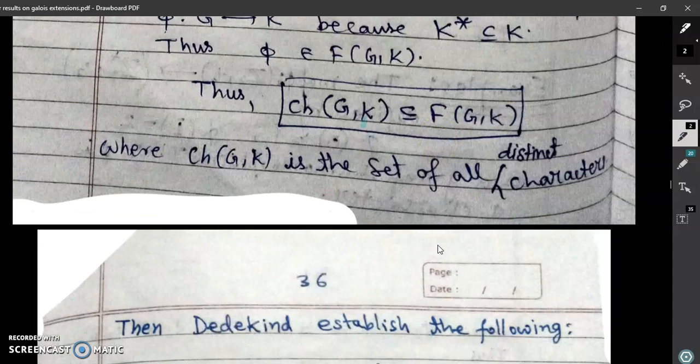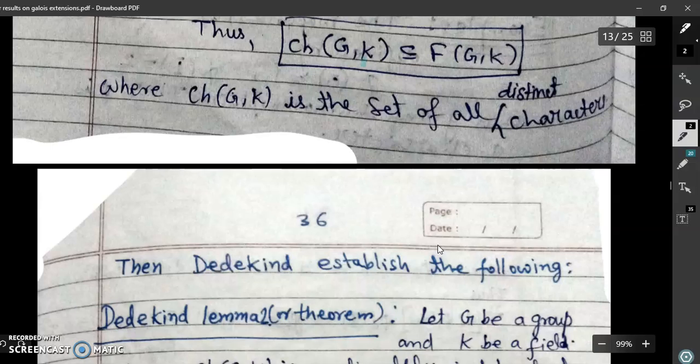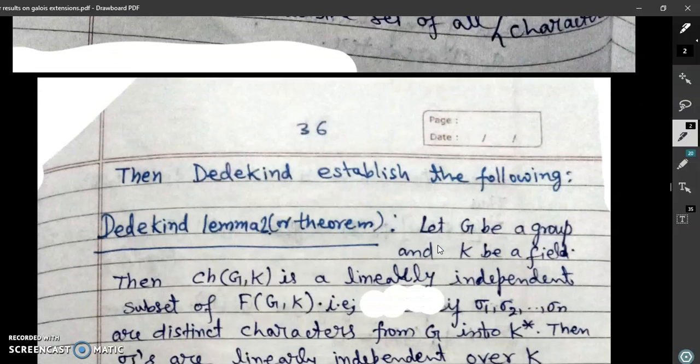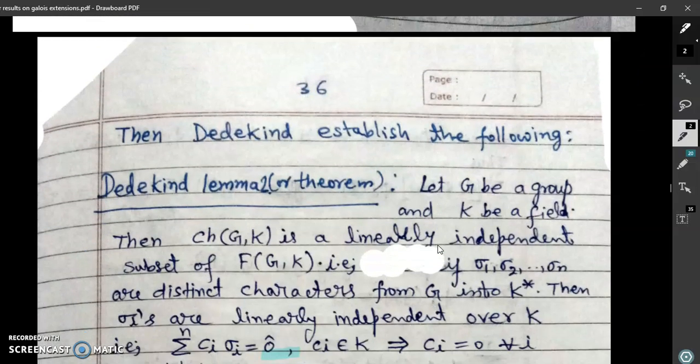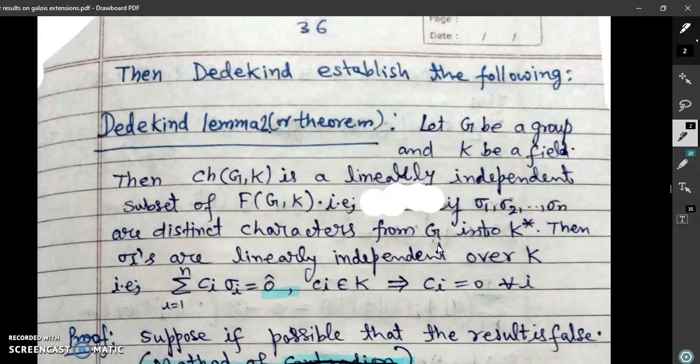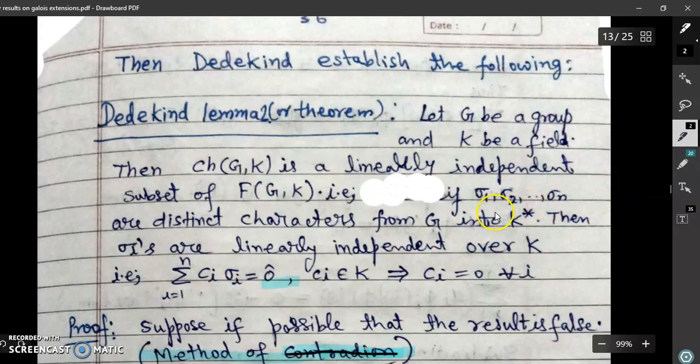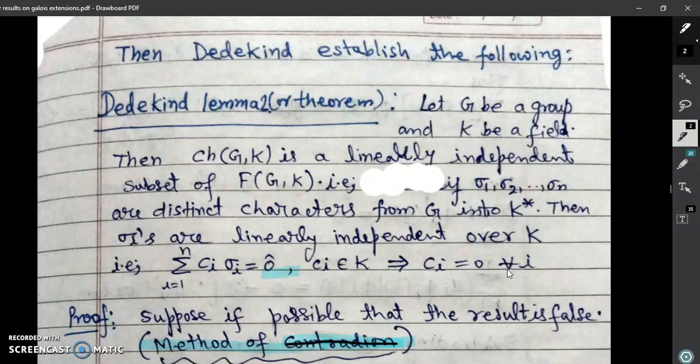In Dedekind theorem, our aim is to prove that Ch(G,K) is a linearly independent subset of the vector space F(G,K). Before proving this, I suggest you remember linear independence and dependence, and also the properties of vector spaces.